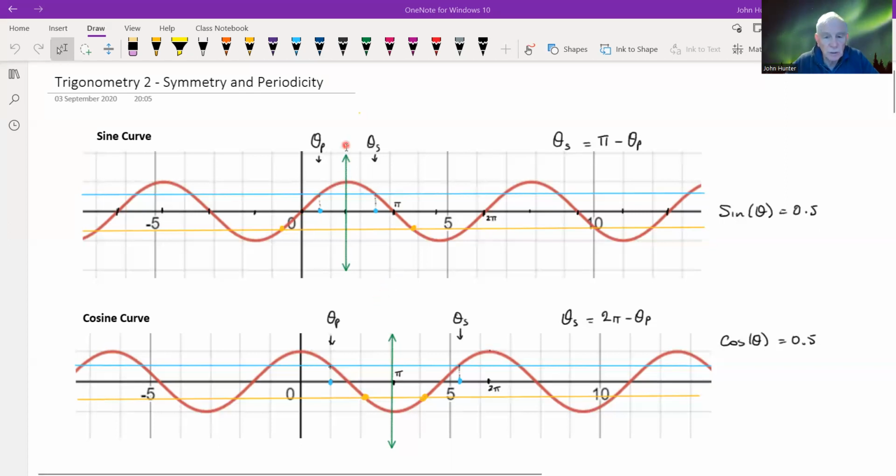If you imagine the symmetry of this curve around this line, which is theta equals pi over 2, then we can see that this distance here, that little segment, is the same as that. So if we call this the primary solution, it's a bit arbitrary as to what the primary solution is.